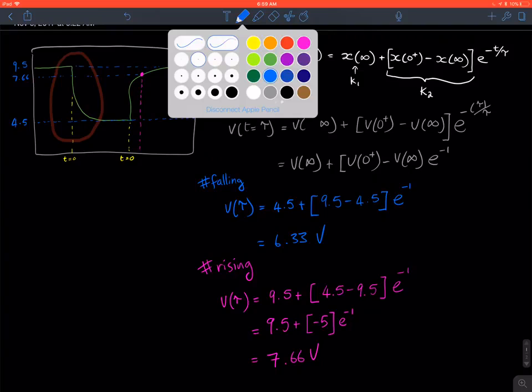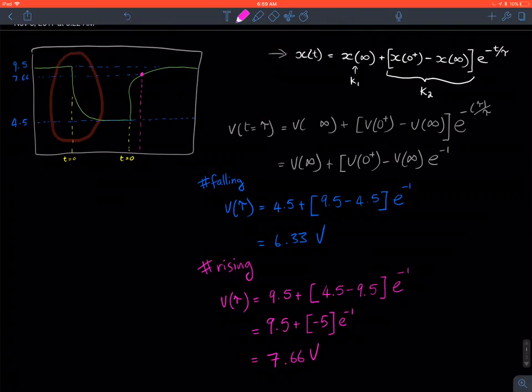Then you know that this right here is going to be your tau rising. And on your oscope, if you put the second cursor at t equals 0, which is where it started climbing, which is this spot right here, then it'll tell you exactly what your tau is.